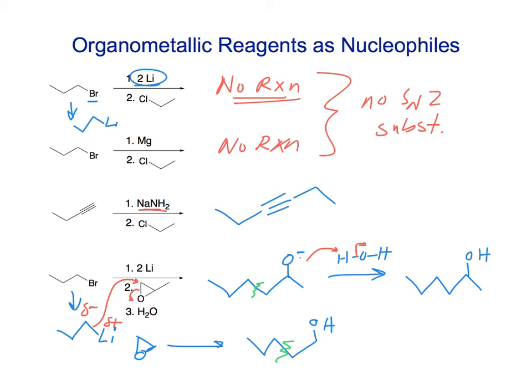If we do it under acidic conditions, so you can do the same reaction with, instead of hydroxide, water in the presence of an acid, then the first step is to protonate the oxygen, and then the nucleophile comes in at the more substituted side. All of these reagents we're looking at here are very basic, so they follow the basic pathway.